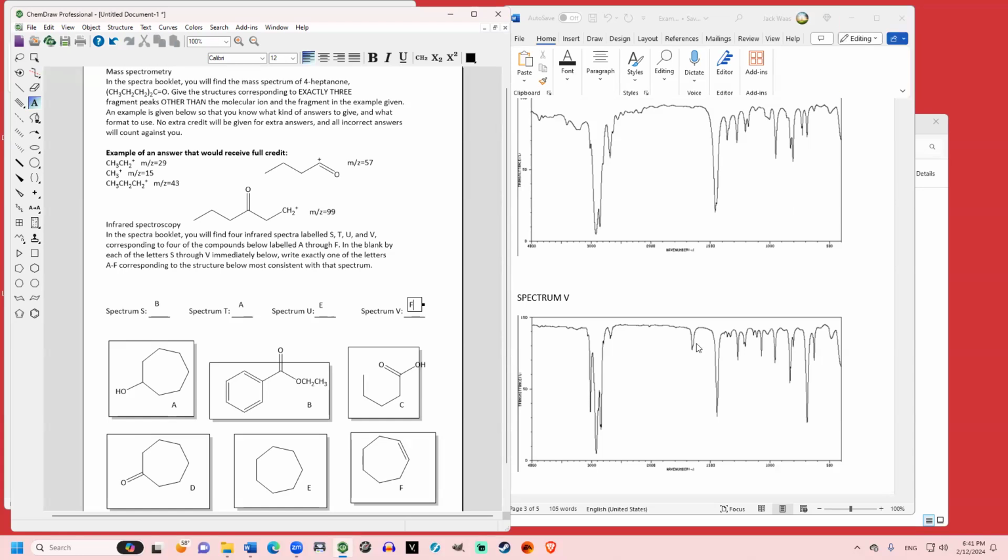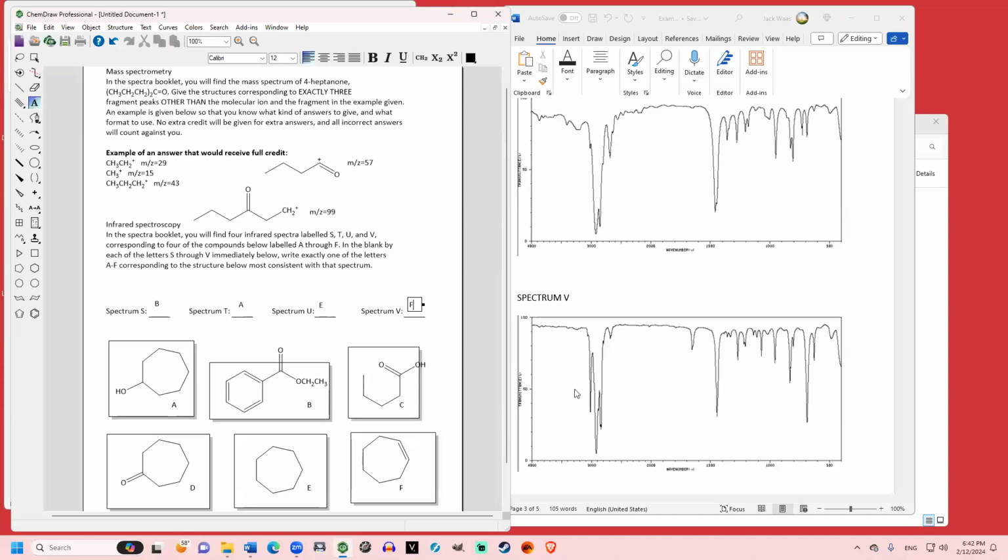I would expect it to be a little stronger, but it's possible. So can we say that C double bond C would be that C double bond in that ring structure of F? It's entirely possible, but I'm picking it out mostly by the CH stretches. C double bond C can be hard to pick out.